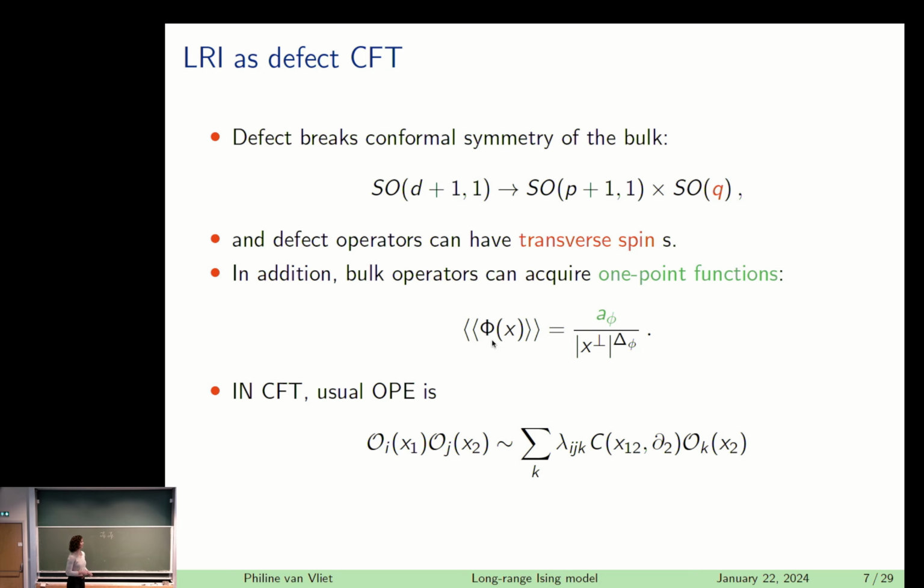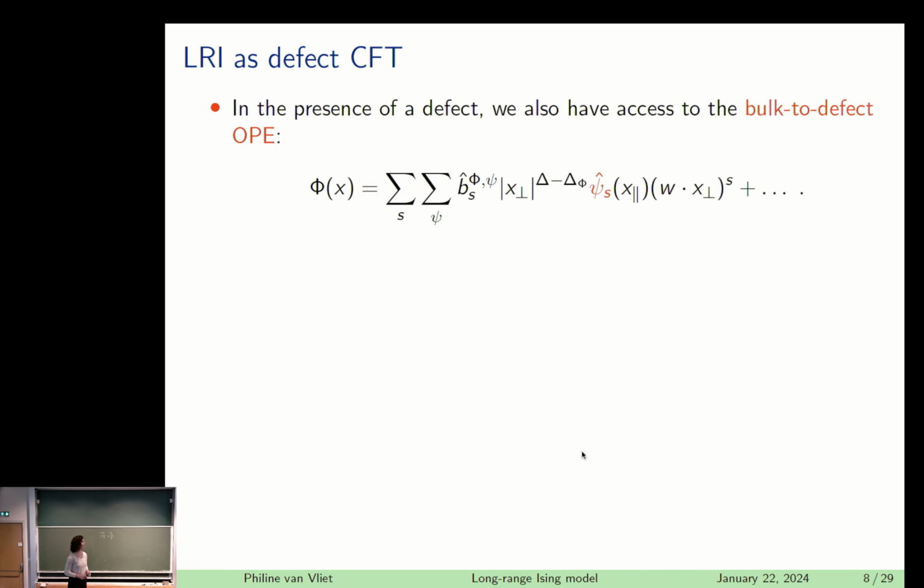So we know that in CFTs we can use the usual OPE to bring two operators together and expand them in an infinite sum of local operators with these OPE coefficients lambda ijk. But now that we have the defect present, there's an additional OPE that we can take. And this is called the bulk to defect OPE, where we take a bulk field phi and expand it in an infinite series of fields localized on the defect.